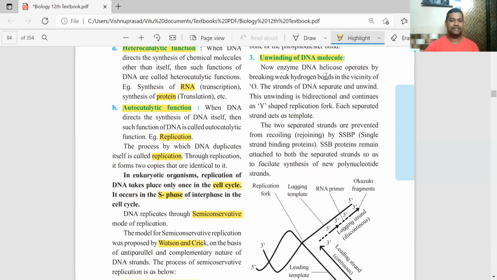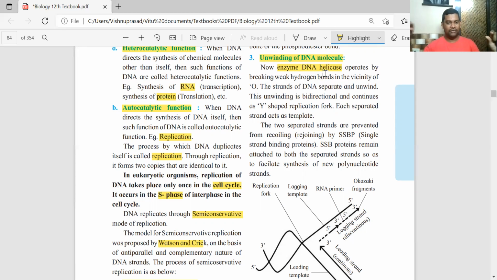For that, the enzyme is DNA helicase. Remember, every enzyme at every step is very specific. The bond between the nitrogenous bases of the two strands is called a hydrogen bond, so the two strands of the DNA double helix get separated. The enzyme is helicase.